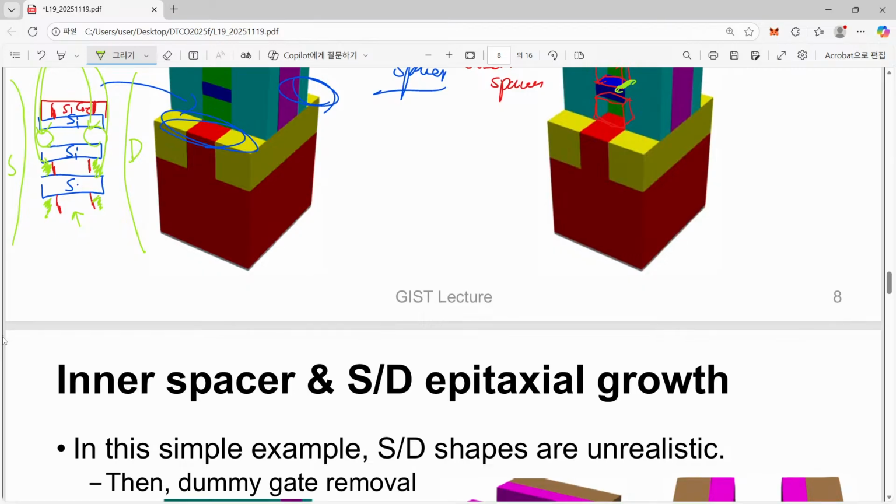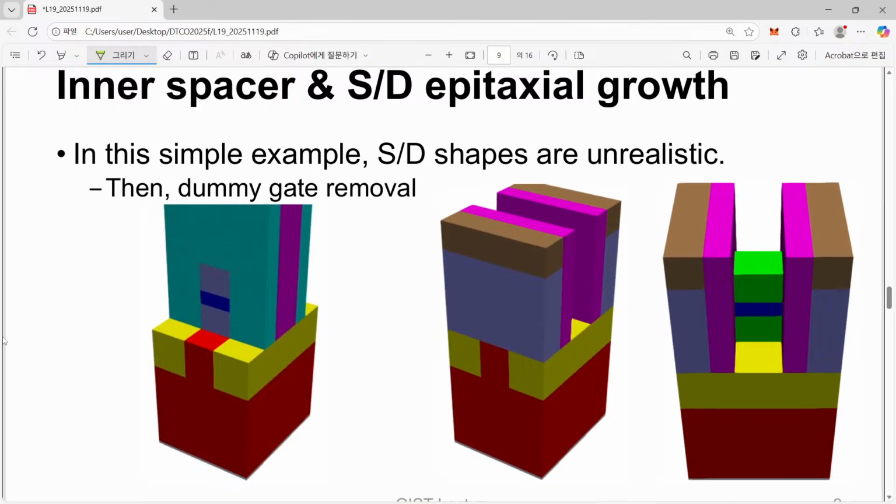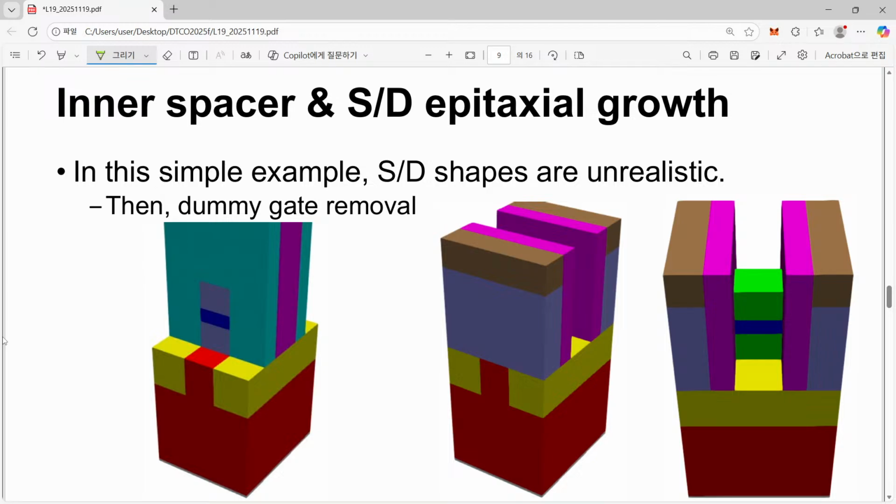That will make a huge difference in the capacitance between gate and source and gate and drain. So it is really important to control the inner spacer etch.